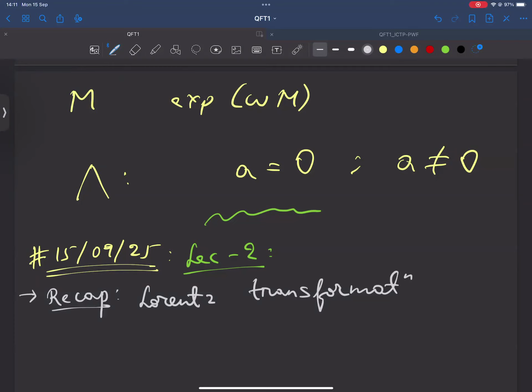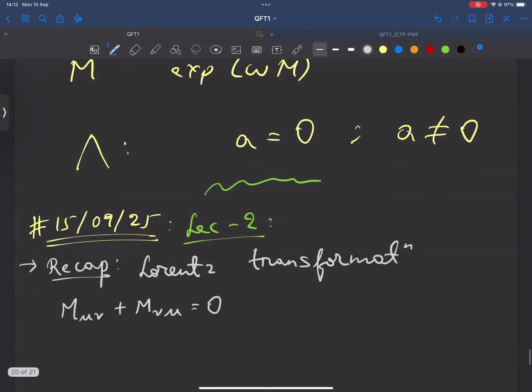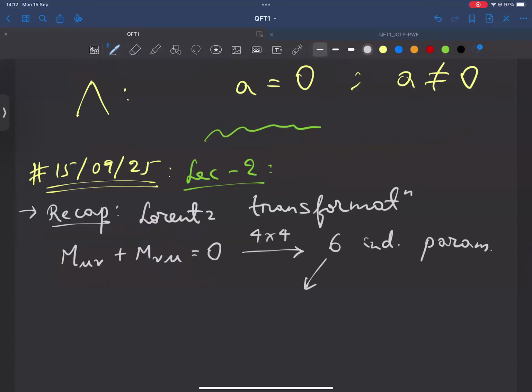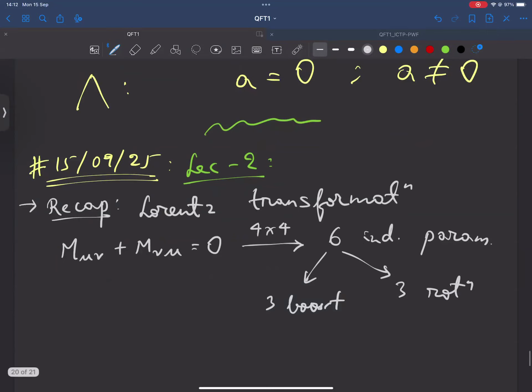And with that, we were able to derive that those transformations which live near the identity have to be antisymmetric. So this was the equation that they had to satisfy. And that also gave us a counting. If these are 4x4 matrices, then it turns out that we will have 6 such independent parameters. And 3 of them were boosts along each spatial direction, and 3 of them are rotations about those spatial axes.